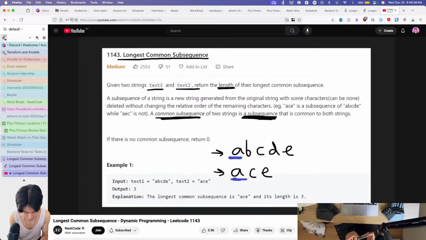So let's look at the first character in each string. And in this case, they match each other. They're the same character. So does it at least make sense to you that if the first characters match, then we can break it into a sub-problem?